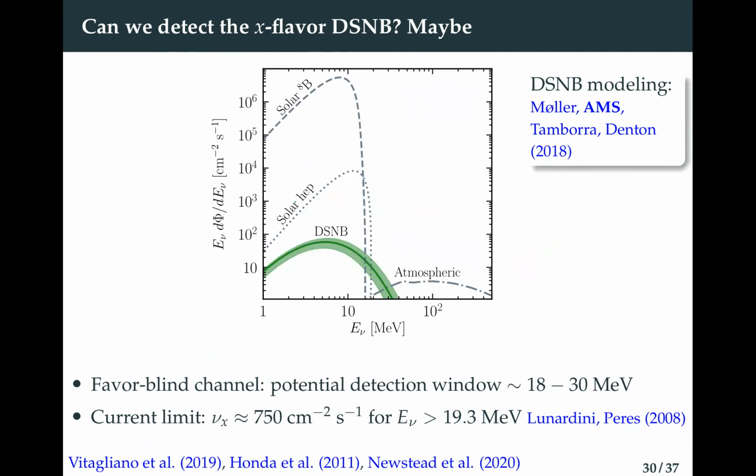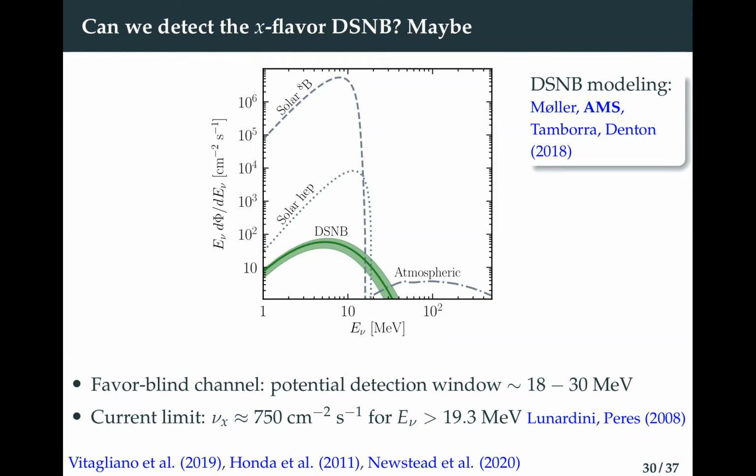But what about the X flavors? So the mu and tau flavors, which for supernovae are just X because we don't have high enough energies to produce a lot of those neutrinos inside. There, the limits are around 3 orders of magnitude worse than the theoretical predictions.